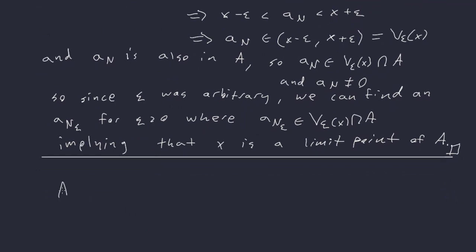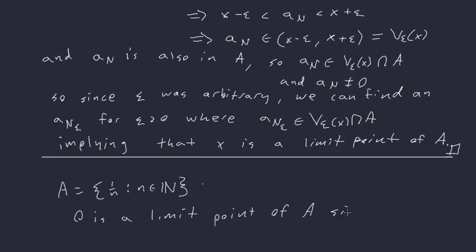So if we go back to that set we had before, 1 over n, where n is in the naturals, 0 is a limit point of A, since 1 over n is a sequence in A, 1 over n converges to 0, and 1 over n is strictly greater than 0 for all n in the naturals.